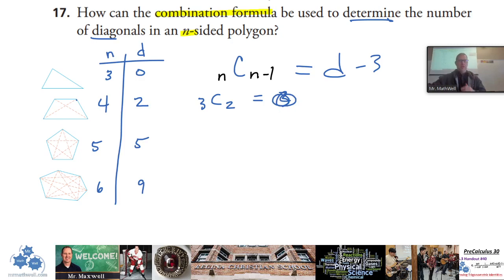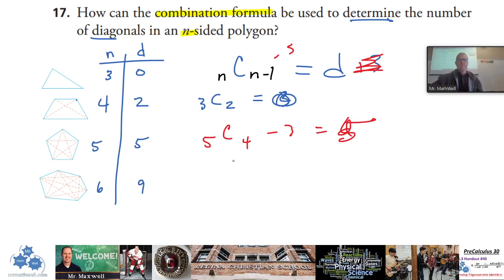Okay, so let's try it again for another one. What about this one? 5 choose, so if I tried this again, this would be 5 choose 4. Actually, it would be minus 3 on this side, right? So 5 choose 4 minus 3. Does that equal 5 diagonals?